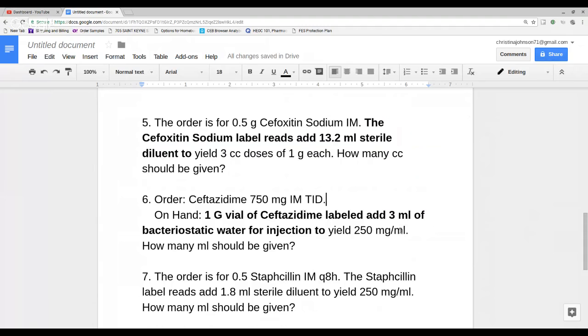As you can see there, this is per milliliter. And then it will be over the 250 milligrams. So 750 times 1 will be 750 divided by the 250. And that will give you your answer. So that should be 3 milliliters will be given per injection.